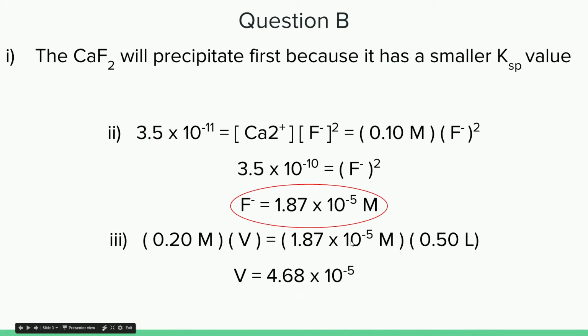And on the right side, we use the number we calculated in part B, and then the 500 milliliters that it gives us in the problem. And if you just do the math, you end up getting a volume of 4.68 times 10 to the negative 5th liters.